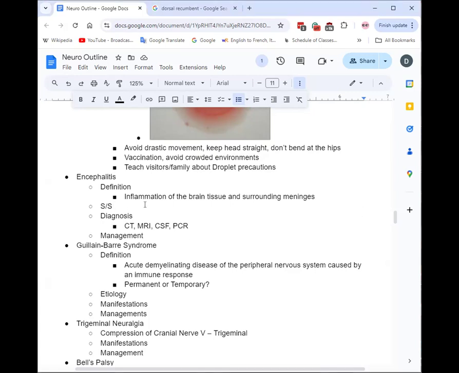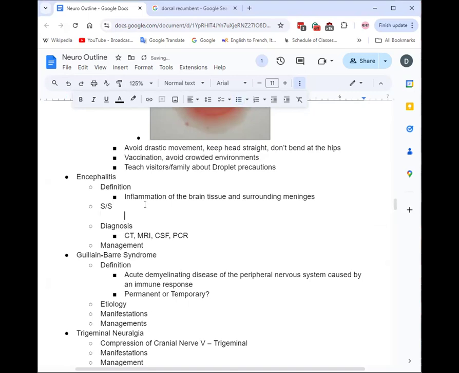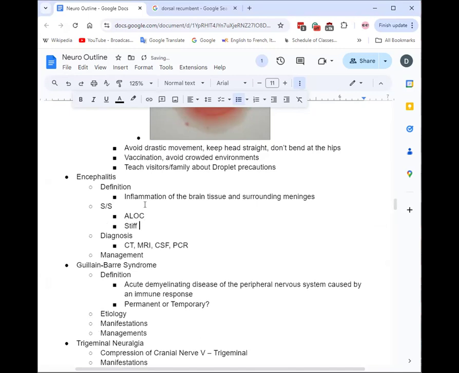What do you guys got? Altered level of consciousness, yeah. You can still have a stiff neck with this. You can have some flu-like symptoms like fever.